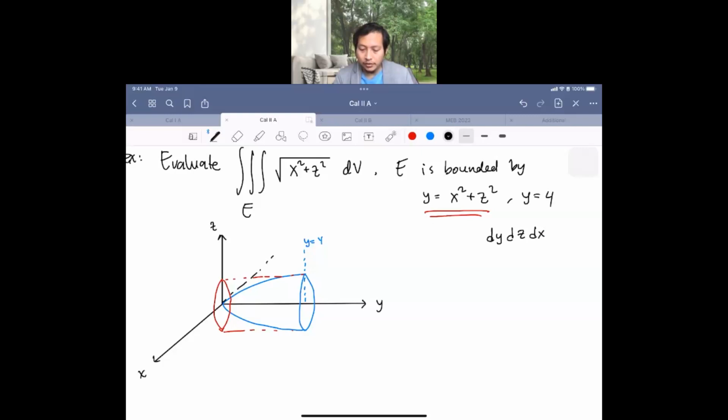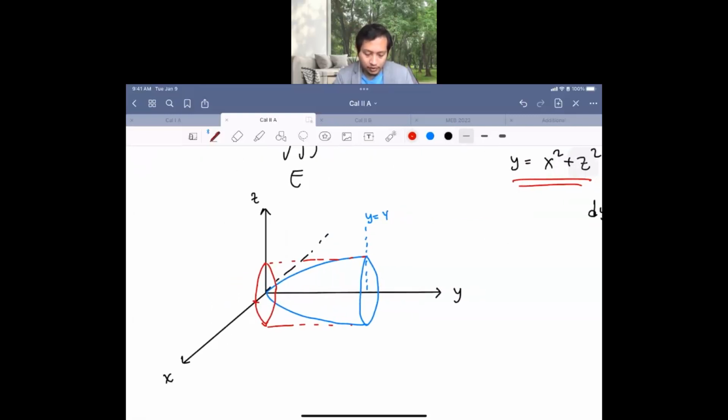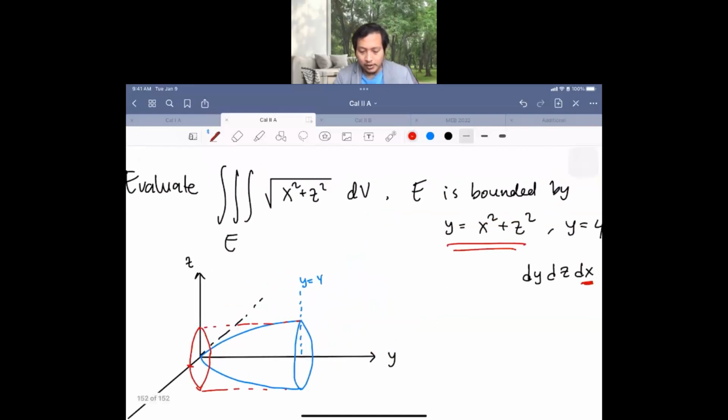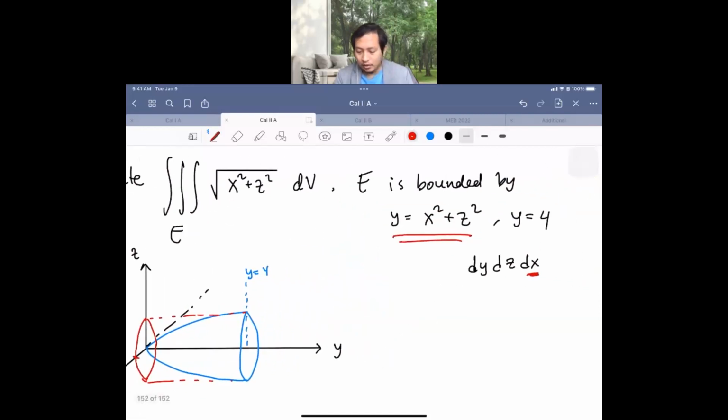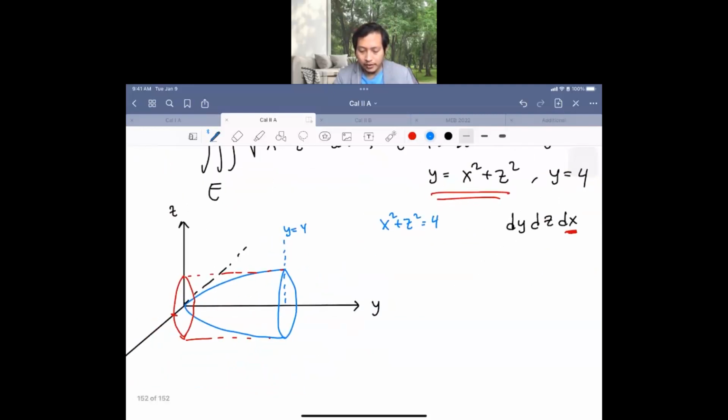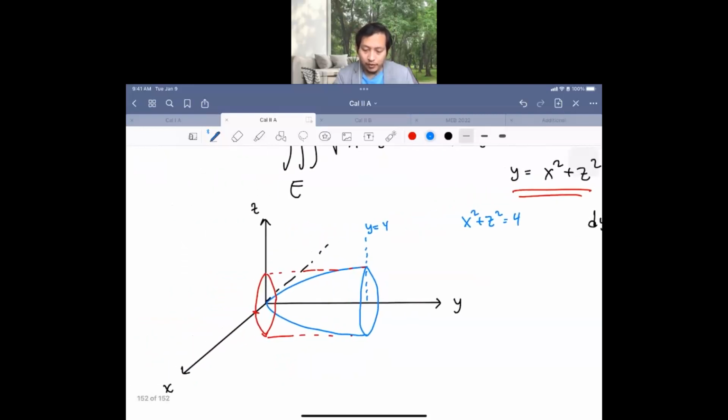So the outside integral will be x, which is going to be here. The circle equation is x squared plus z squared equal 4, so the radius is 2. So we will have negative 2 and 2. We could start the integration from negative 2 to 2.